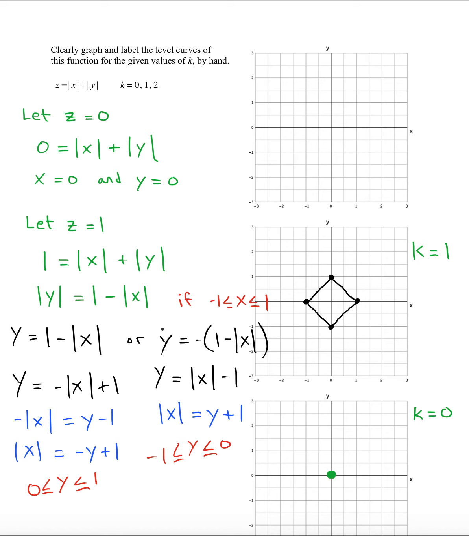And if we solve the same system of equations for k equals 2, we'll just get a larger diamond. All right, so those are 3 level curves for this function.